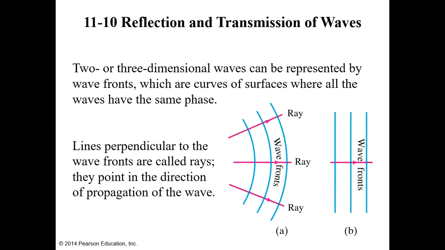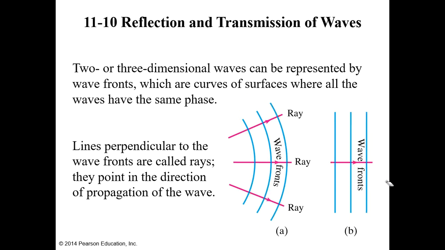So, as a result, when we draw waves on paper, this is what we can do. We can either draw these blue lines, which depict the crests of the waves moving in their forward direction. And this is the typical way that we draw waves using the wave fronts.